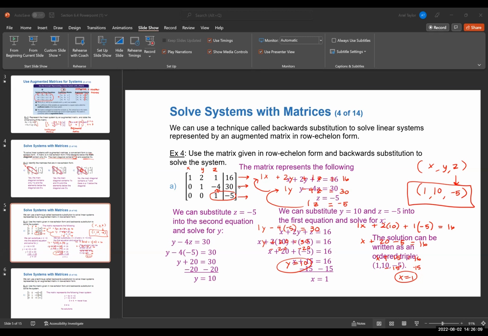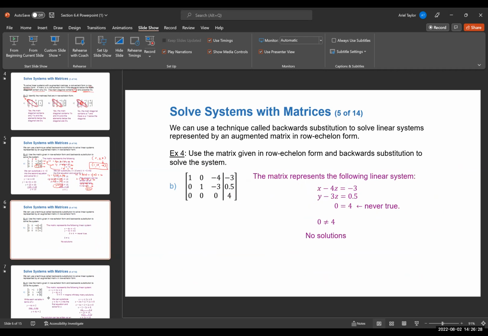And I'm just going to click solve. And there's my answers, 1, 10, and -5. So again, I don't have to do this by hand, although you totally can, okay? That's called backward substitution, or you can just use your calculator and solve your equation simultaneously.